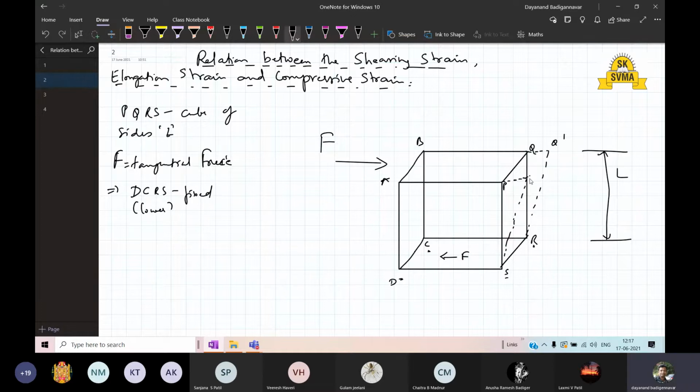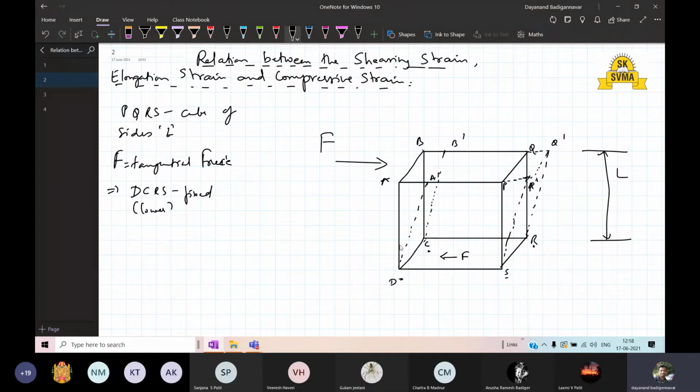This is how it gets shifted. Similarly, A gets shifted to A dash and B gets shifted to B dash. So I can mark here from A to this point, D, and B to this point, C.